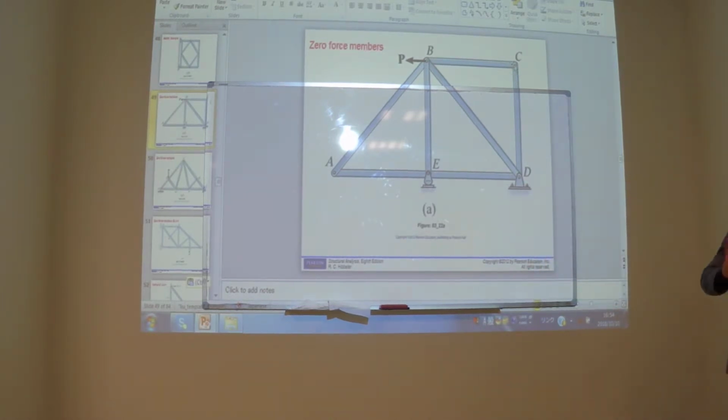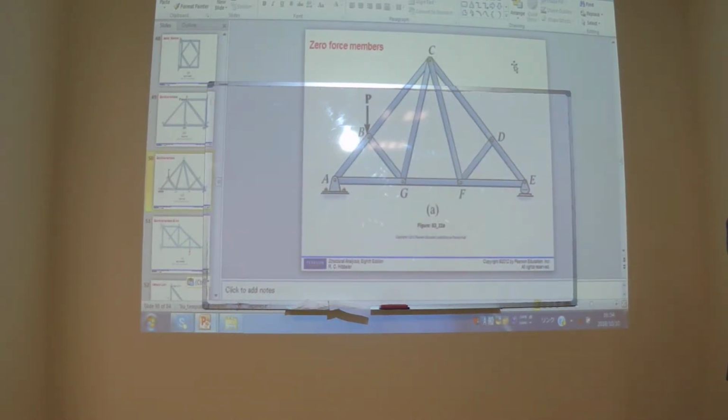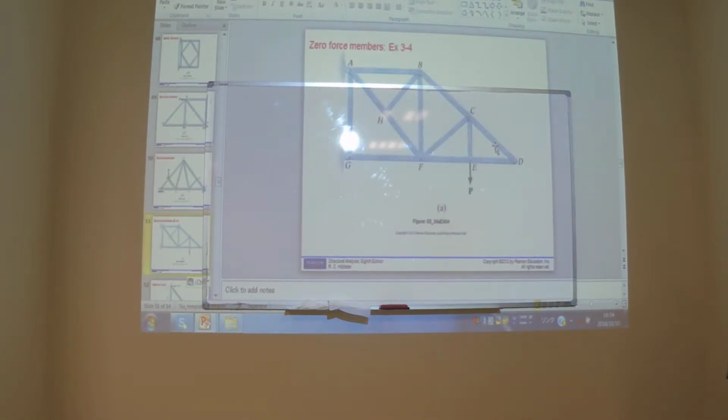But if there are 3 members, like at joint D, the perpendicular one will be 0. And for this truss, you have to check.